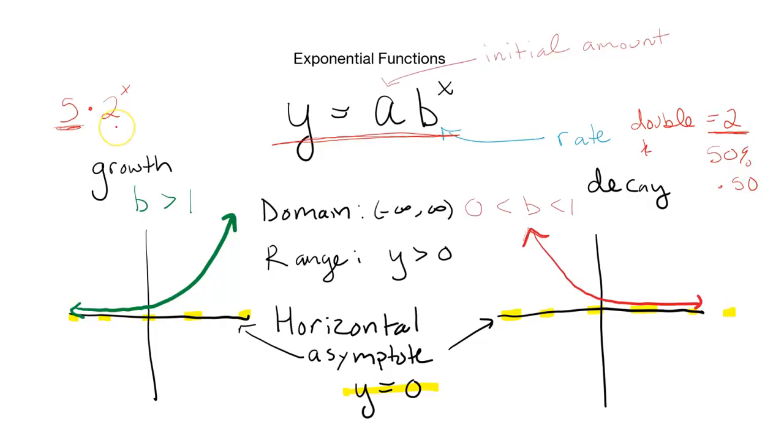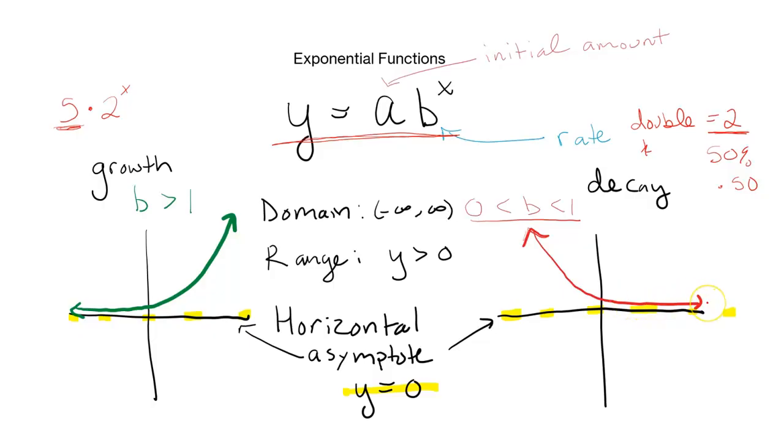If this rate is not bigger than 1, if it's in between 0 and 1, so a fraction or a decimal, like the 0.50, then that's decay. So if you've ever taken a chemistry class, or maybe you've heard of radioactive decay, the initial element there's so much of that element, over time, the element breaks down.